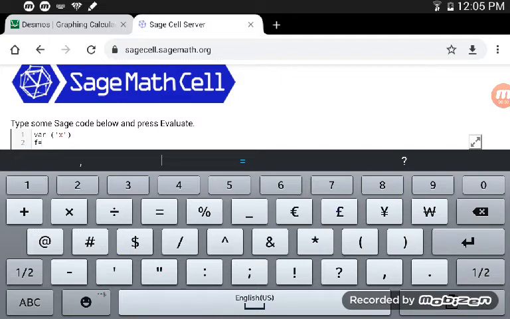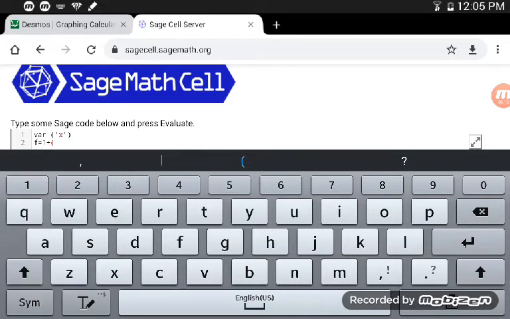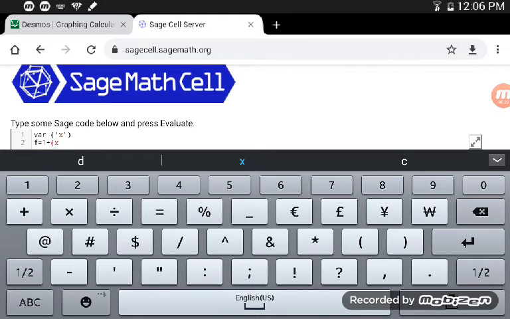And so I'll do 1 divided by. Now I need to use parentheses here. And to get my x squared, I'll need an x here, and then I need the caret, which is that little pointy thing there, squared. And then plus 1.